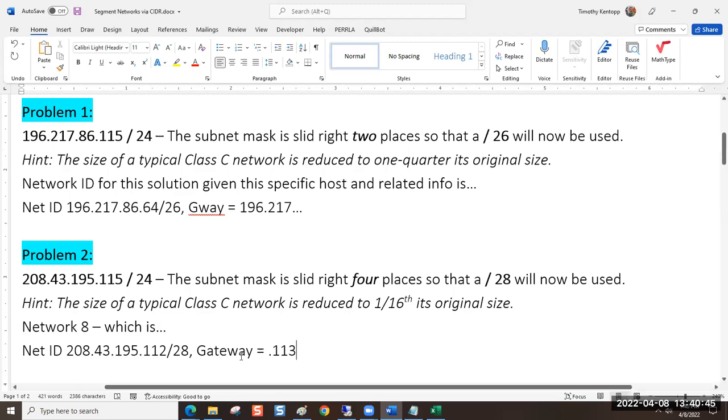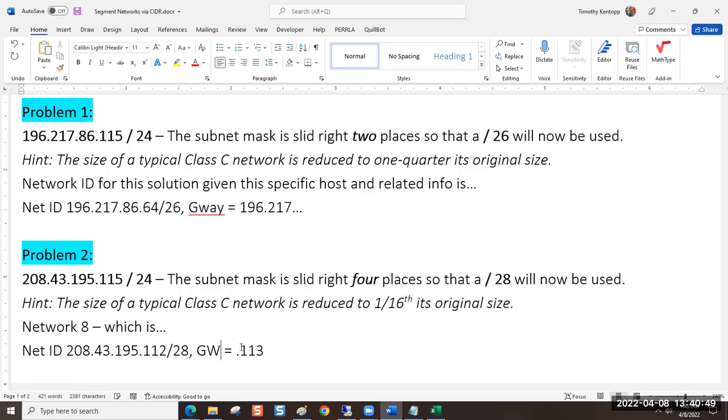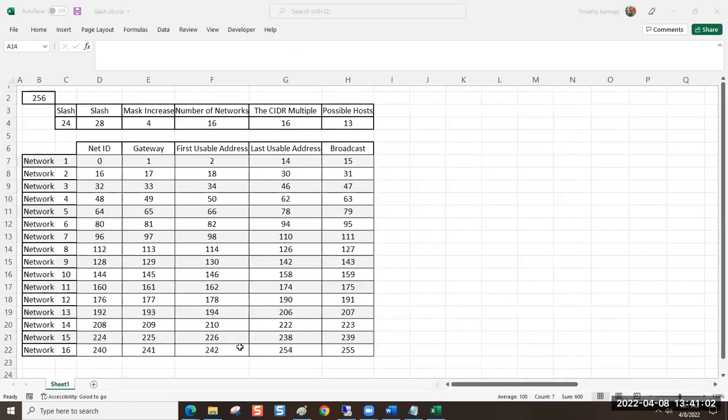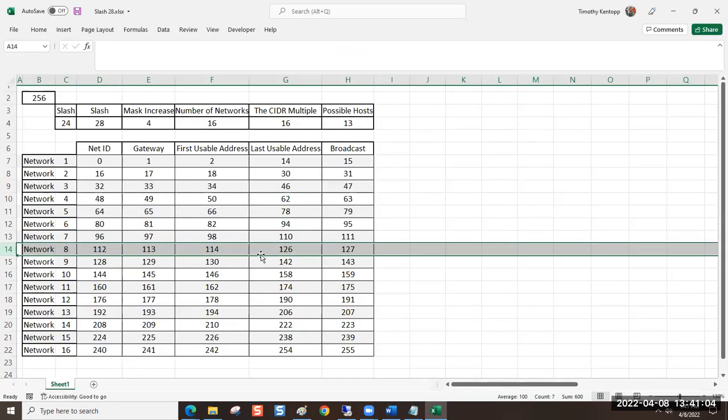You could say, when you fill out your worksheet, gateway GW equals 113. And then you could say something like bcast for broadcast equals, well, let's see, what is broadcast for network 8? The last one in the range is 127.